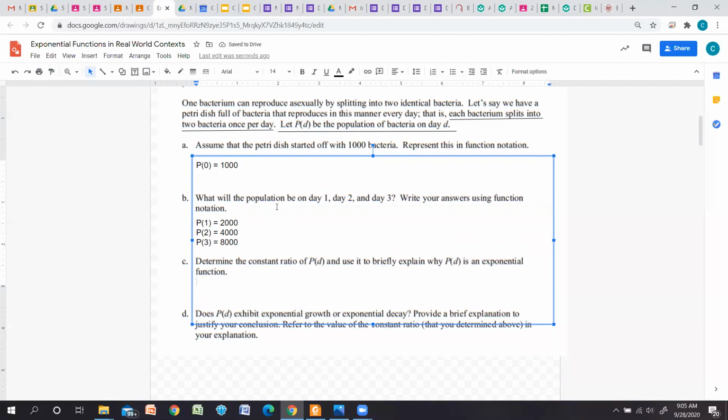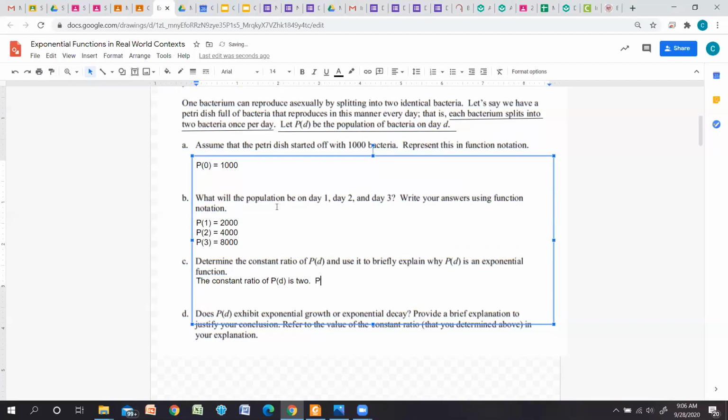Next, it asks, determine the constant ratio of P of D and use it to briefly explain why P of D is an exponential function. Okay, since we multiply by 2 each time, that is our constant ratio. The constant ratio of P of D is 2.